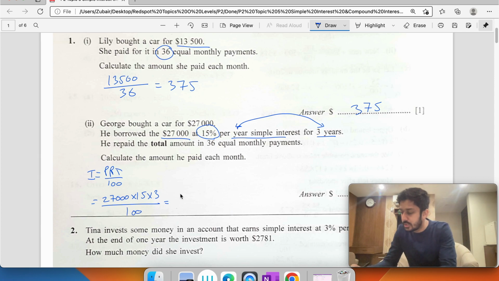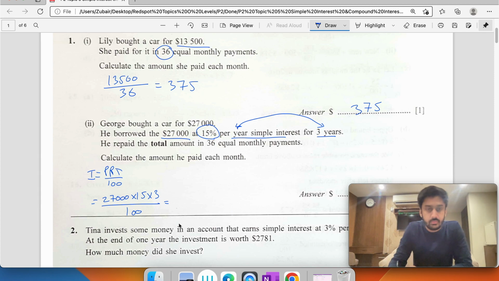So interest he had to pay is 27,000 times 15 times 3 divided by 100. So it is 12,150.